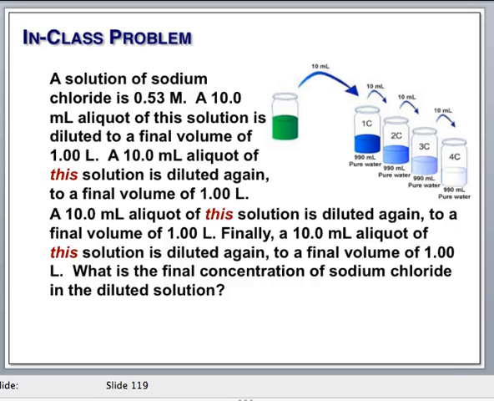Now you see what you want to do here. We have a concentration and a volume for our first thing here, don't we? Our 10 mL we pulled out, and we know its concentration. So we know how many moles we're putting in here, right?